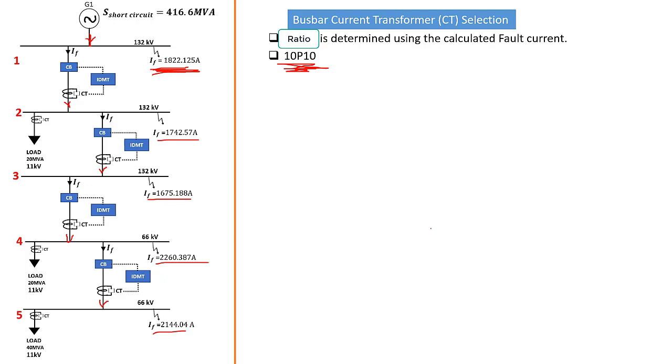Even if your fault here reaches 10 times this value that you have, you're still going to get a 10% accuracy of error. And as we've seen previously, beyond that the CT will then reach saturation and it will basically become useless. So that is a very important factor to remember.